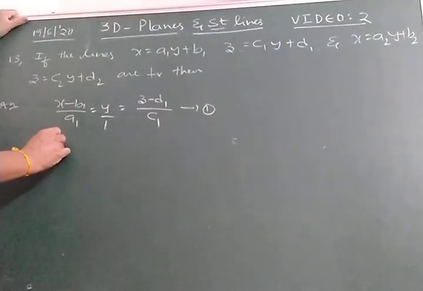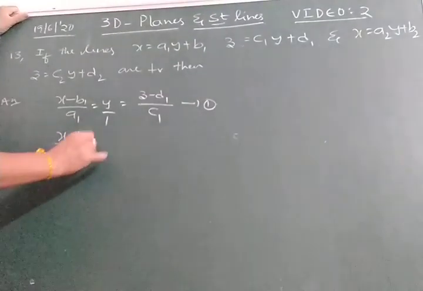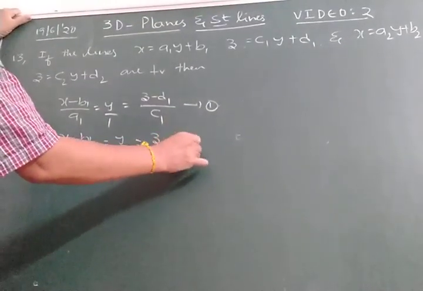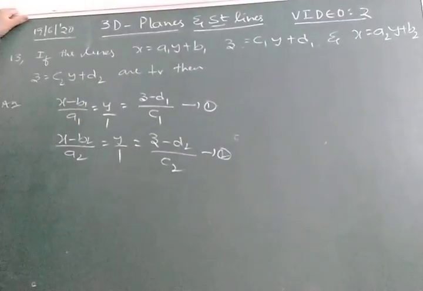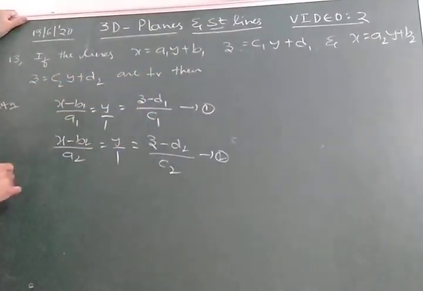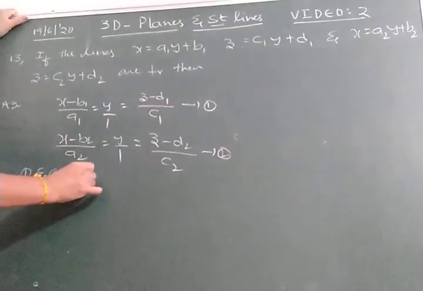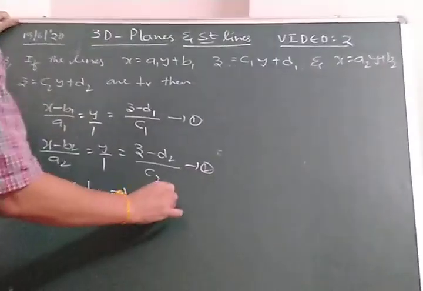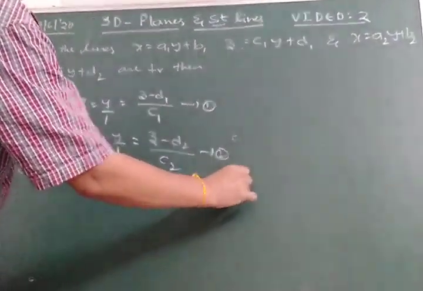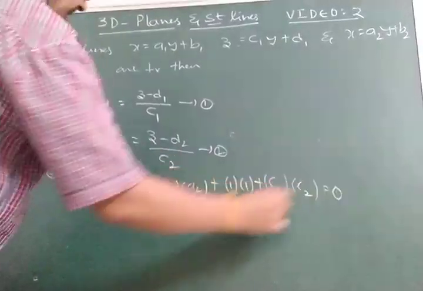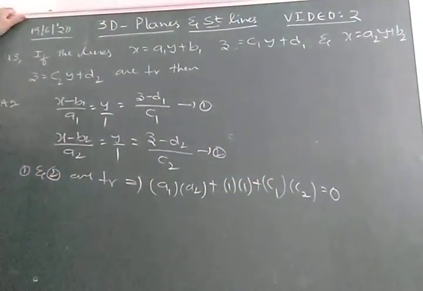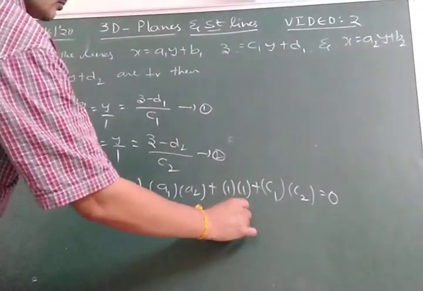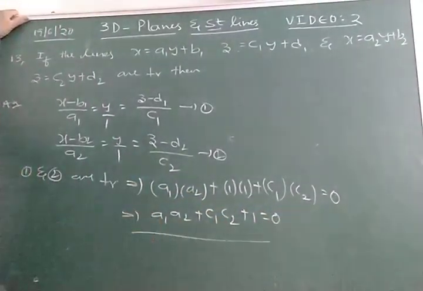And equation number 2 is (x minus b2) by a2 is equal to y by 1, that is equal to (z minus d2) by c2. Given these two lines are perpendicular, that implies a1 into a2 plus 1 into 1 plus c1 into c2, that is, l1 l2 plus m1 m2 plus n1 n2 is equal to 0. So that implies a1 a2 plus c1 c2 plus 1 is equal to 0, which is the required condition.